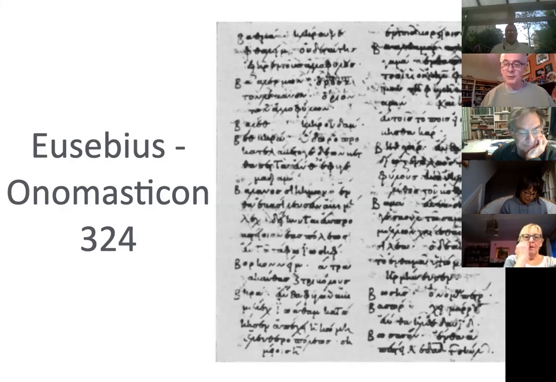So another thread for the early biblical map makers was to go through all of the places that are named and find them on the land, and then record where they were relative to other places. And so he produces something called the onomasticon, but in our terms, it's a gazetteer. It's a list of places with references to where they were. And this became one of the core source materials for later map makers.